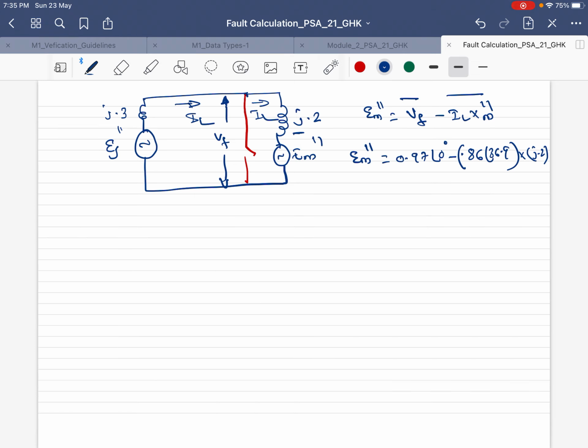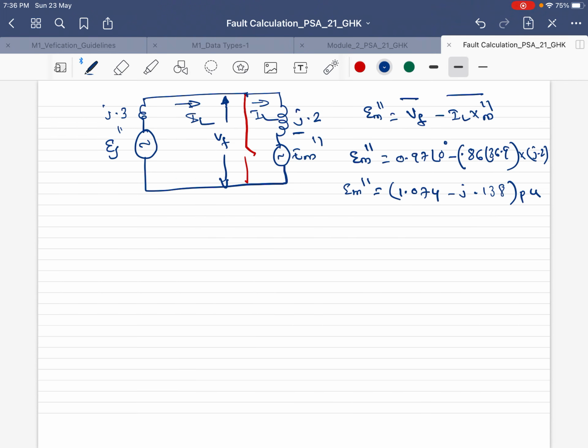If you solve this, you get EM double dash as 1.074 minus j0.138 per unit.